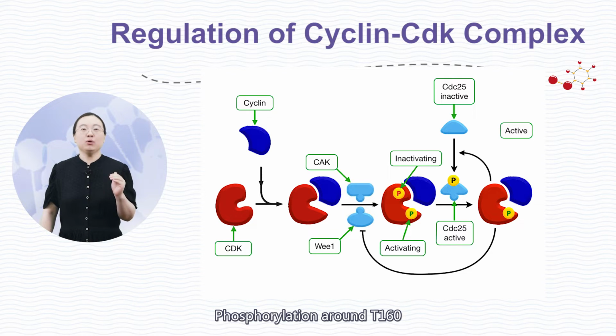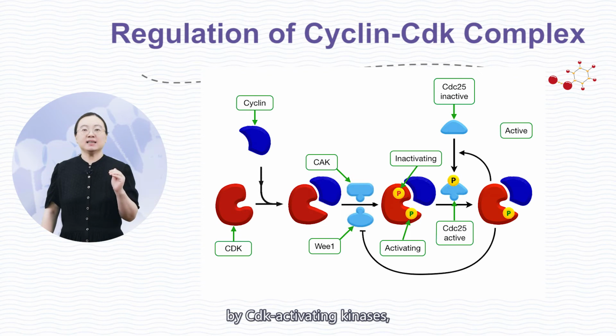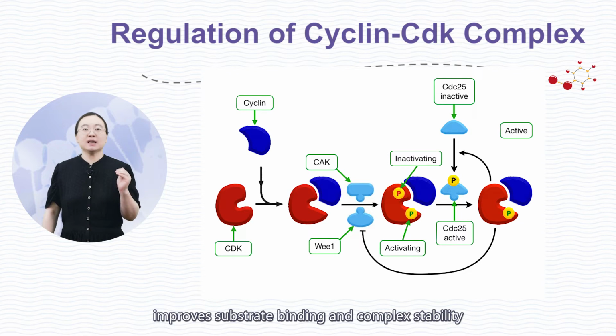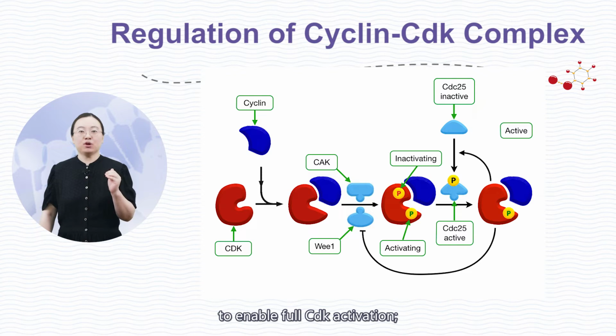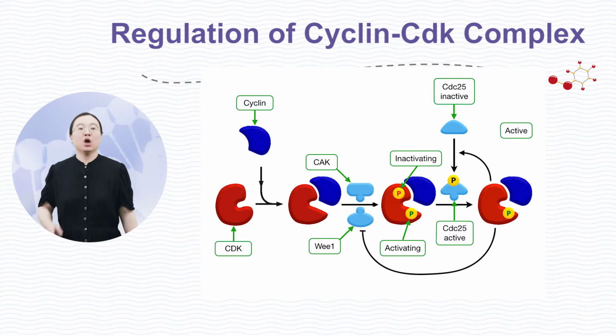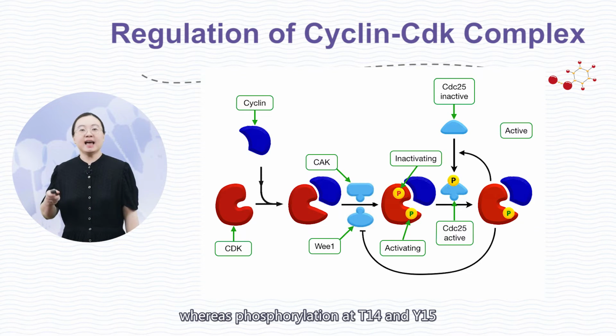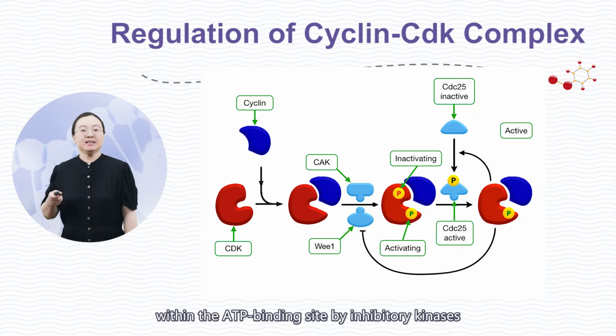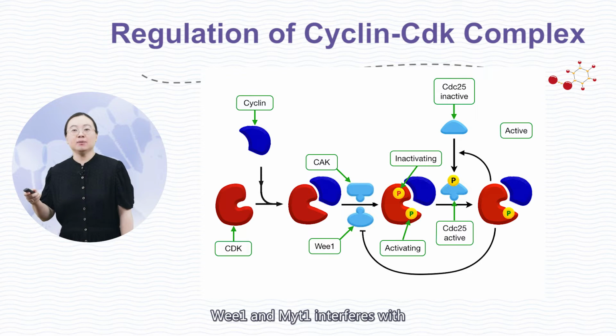Phosphorylation around T160 by CDK activating kinases, CAKs, improves substrate binding and complex stability to enable full CDK activation, whereas phosphorylation at T14 and Y15 within the ATP binding site by inhibitory kinases Wee1 and Myt1 interferes with proper ATP alignment.